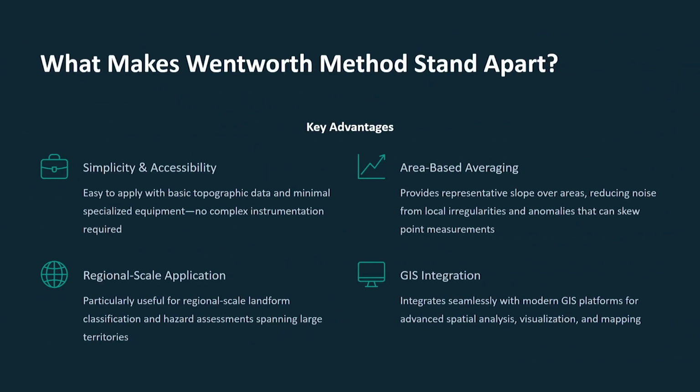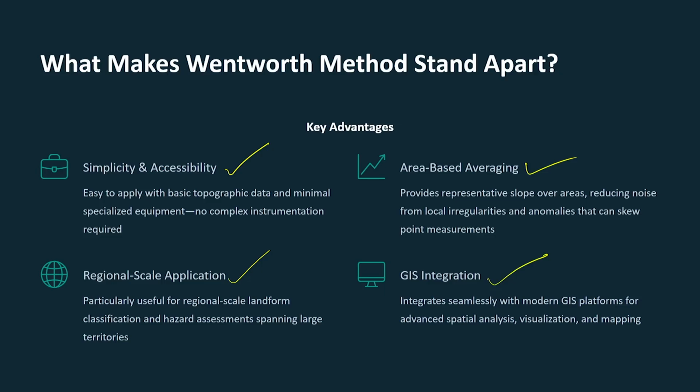So, what makes Wentworth's method stand apart? The points that we have here are simplicity and accessibility, regional scale application, area based averaging as well as GIS integration. So, the simplicity and accessibility part.